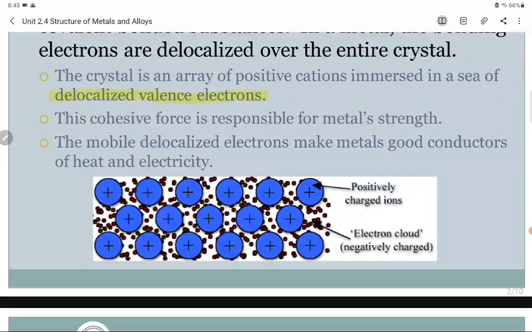They overlap with each other, one atom to the next atom. And those electrons are able to, with metals, travel throughout the entirety of that metallic solid. So some people call it a sea of electrons. And because they're mobile, they can conduct electricity.